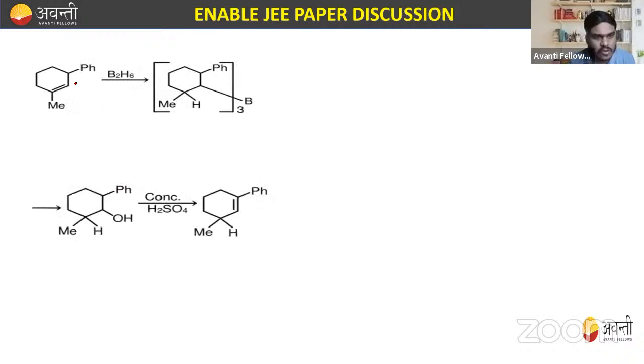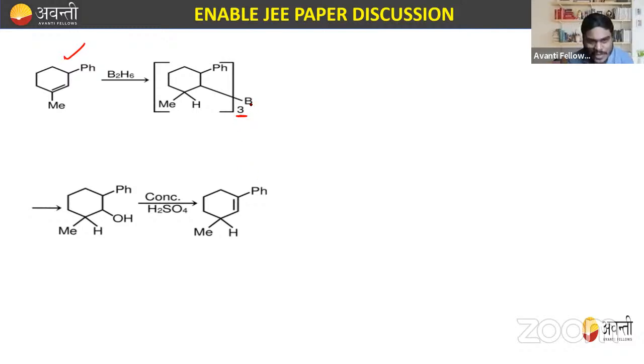First of all, this is treated with B2H6. We all know that B2H6 attaches to this double bond, right? And the formation of what takes place? Yes, trialkylborane. See, three alkyl groups are attached to the borane, so trialkyl borane.